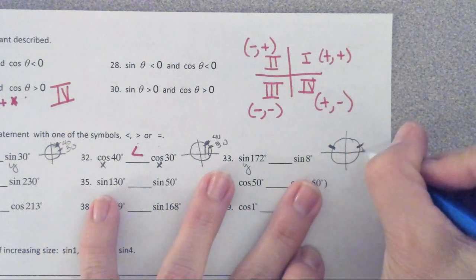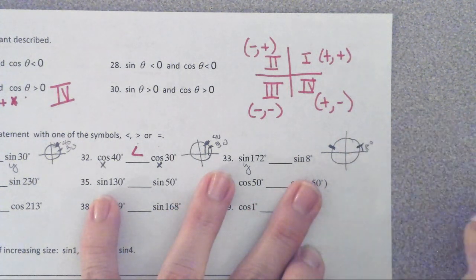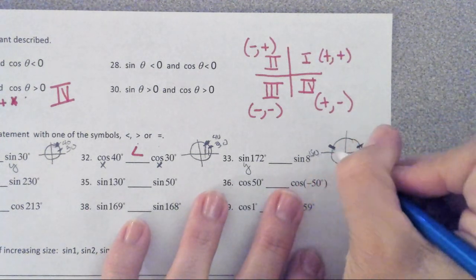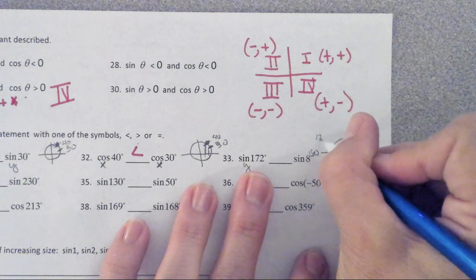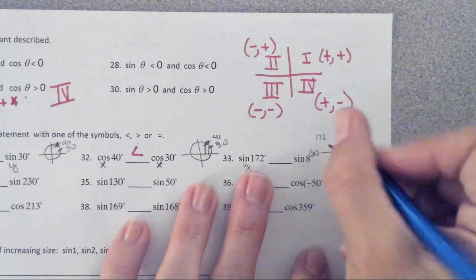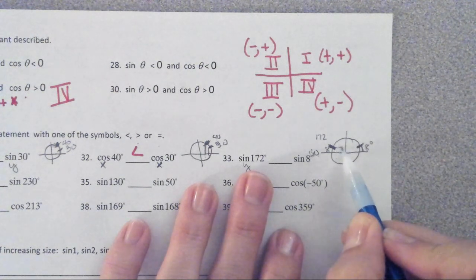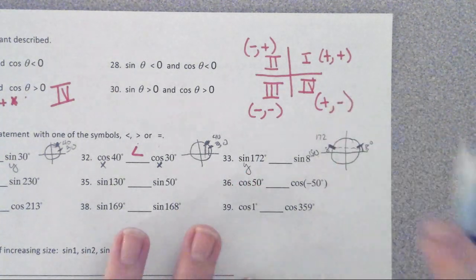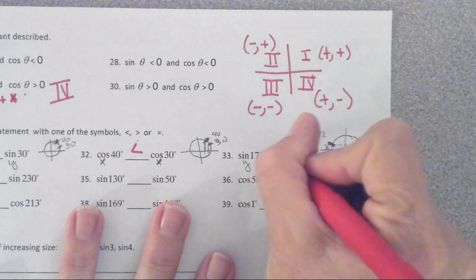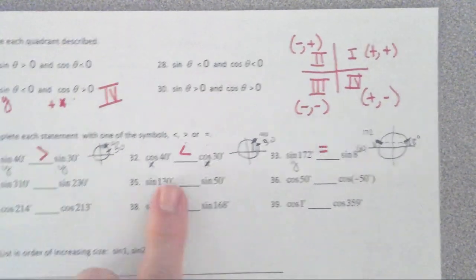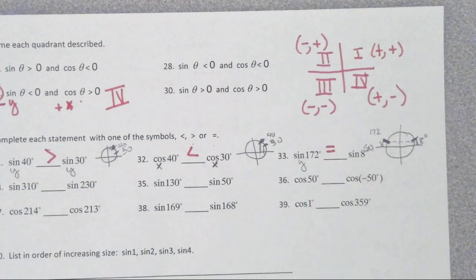I know that sine of 8 is 8 degrees from this axis, and if this axis is 180 and this line is 172, then it's also 8 away. So that means these two y values are in exactly the same spot. So these two are equal. So I did one that was greater than, one that was less than, and one that was equal to.